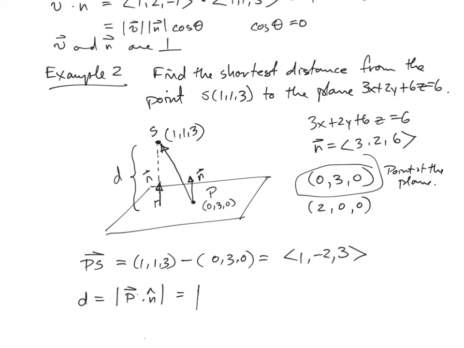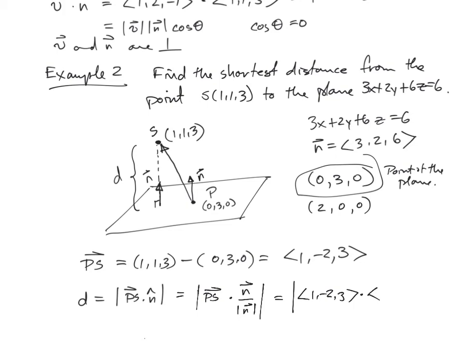Sorry, I should have written PS here. PS dot n hat, and n hat is just n divided by its magnitude. That turns it into n hat. And the magnitude of n is the square root of 3 squared plus 2 squared plus 6 squared. That's 9 plus 4 plus 36.